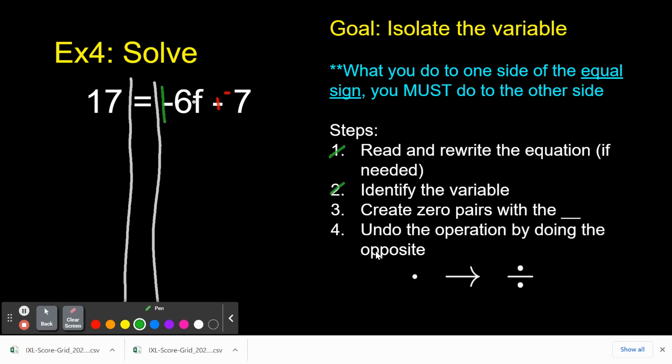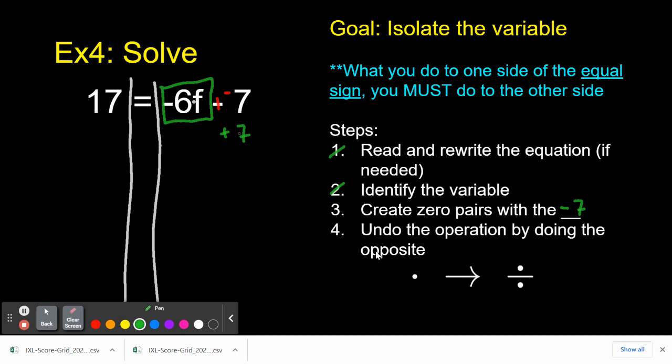Identify our variable. That's right here. That's the negative 6f. So the right side of the equation is going to dictate to us what to do. We're going to create 0 pairs with that negative 7 there. To get rid of negative 7, we need to add a positive 7 there. Add the opposite to make 0.